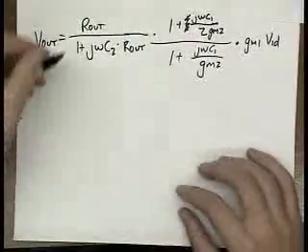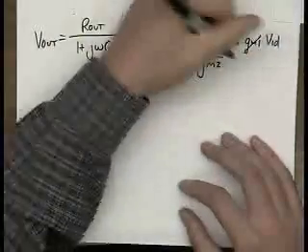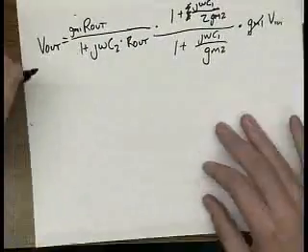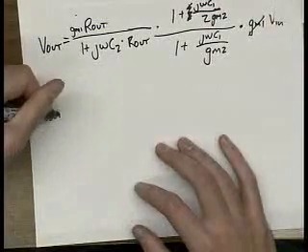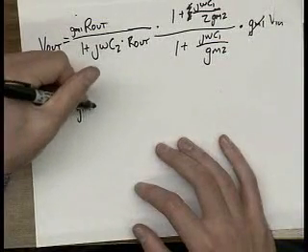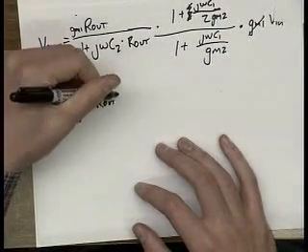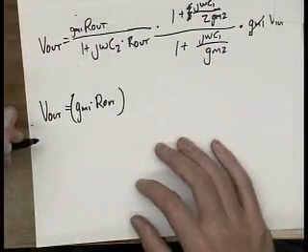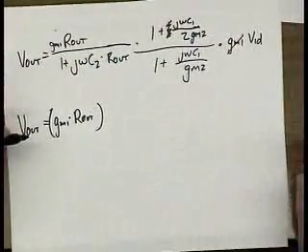Okay, so now, let's put this over here, Gm1. So V out is equal to Gm1 times R out. That's the DC term. That's what we expect from our DC analysis.